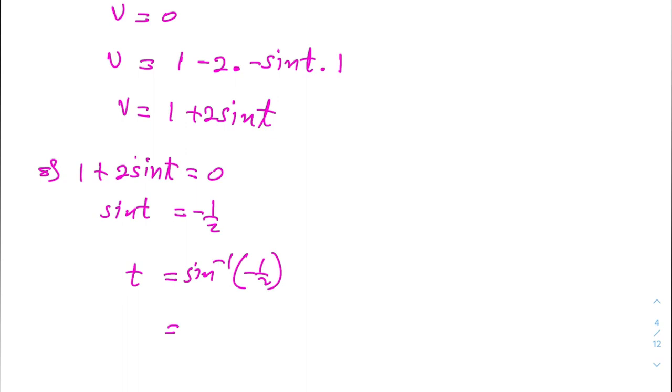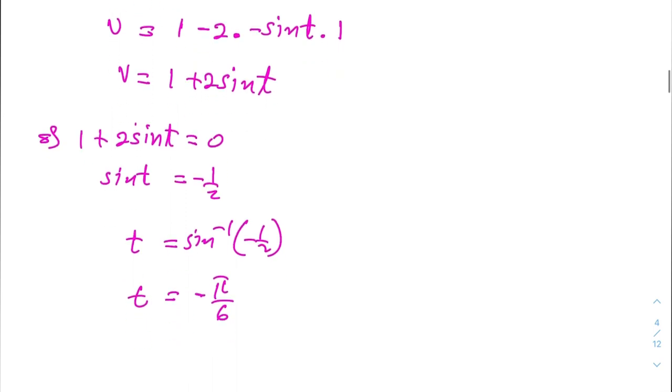So quickly change your calculator to radians. It's very important. If you don't change it to radians, you are not going to get the correct answer. And then you find the sine inverse of negative 0.5, and that is going to give you negative pi on 6. Okay, now, unfortunately, time is not supposed to be negative.